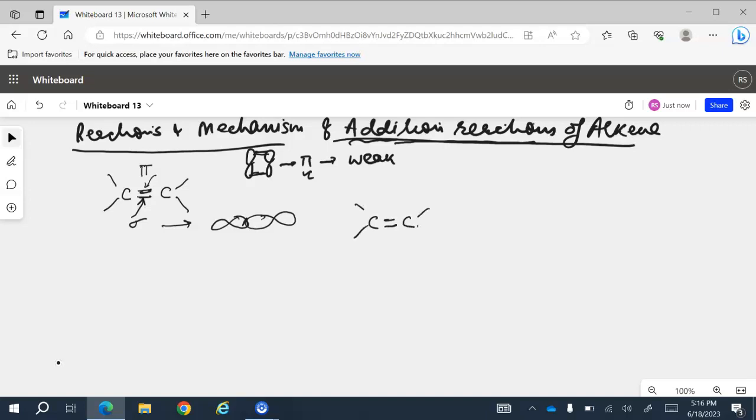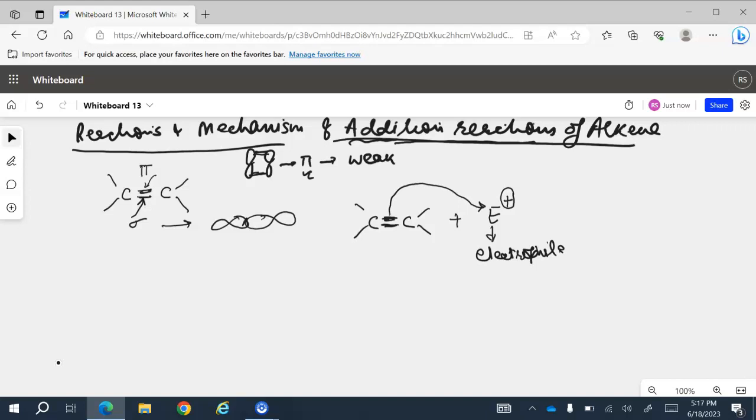As you are also aware, this pi bond is nothing but a pair of electrons. Therefore, this pair of electrons will easily be able to attack a species that is deficient of electrons, or a species that loves electrons. This type of species we call an electrophile. So this pi bond will be able to react with the electrophile.